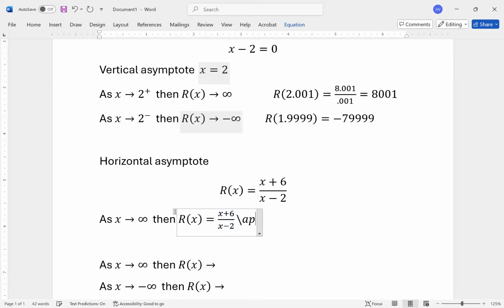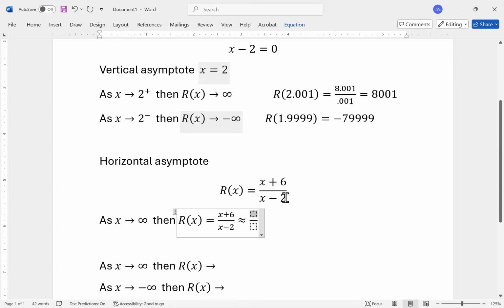is going to behave just like another function. And here's what we do. We say, what is the fastest growth of this polynomial? Obviously, x is growing. As x gets really, really big, x is growing, and 6 is standing still.